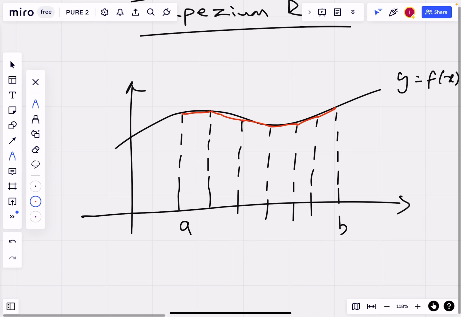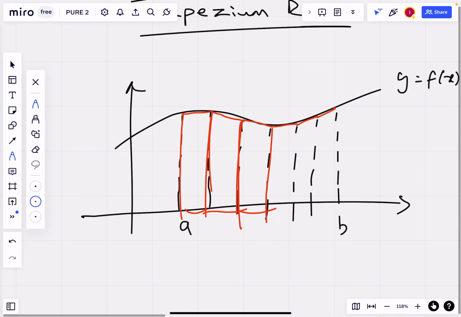The shape that I have is a trapezium. Each of these red blocks would be a trapezium. If I work out the area of every single trapezium and add it together, I then have an estimate for the area under the curve. I hope that made sense.